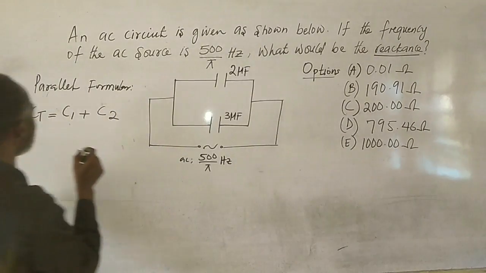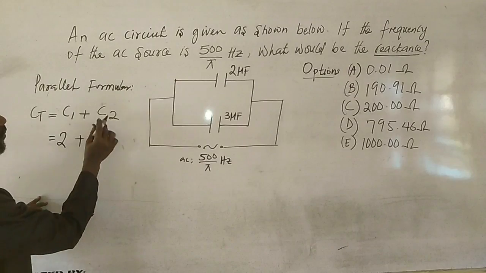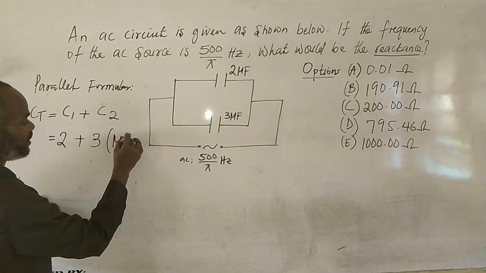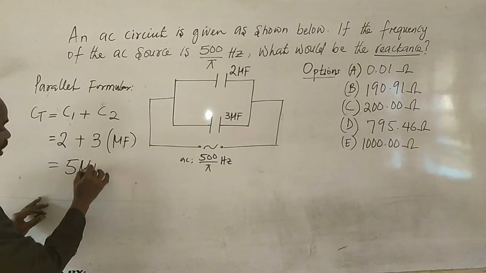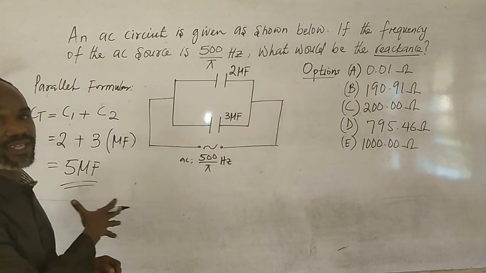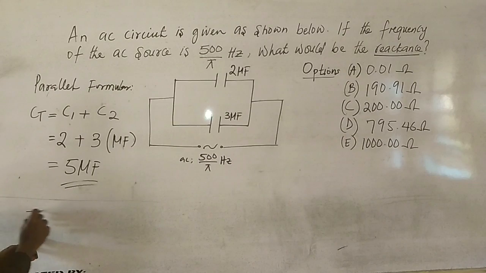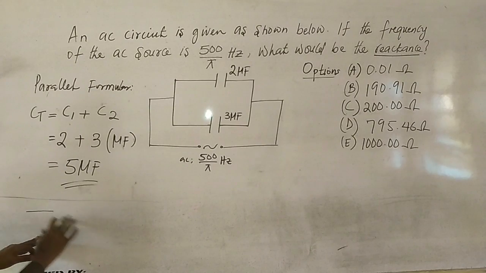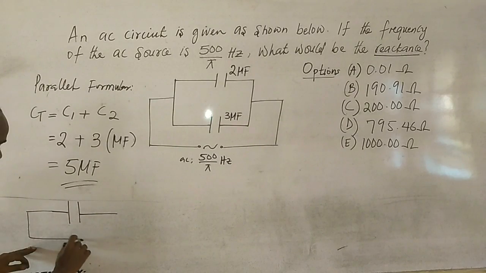So we substitute accordingly. We have 2 plus 3, both measured in microfarad, so the total capacitance here is 5 microfarad. We can quickly redraw the circuit with this value.